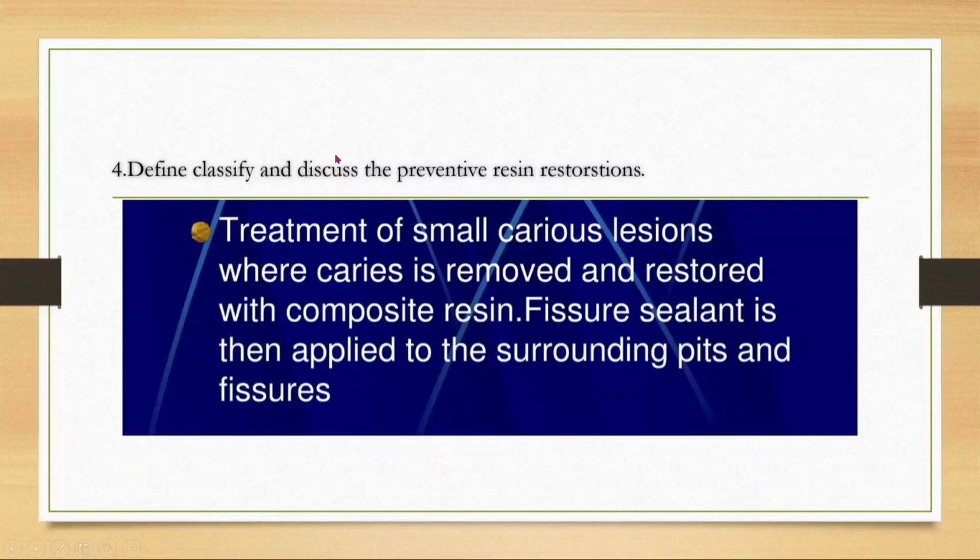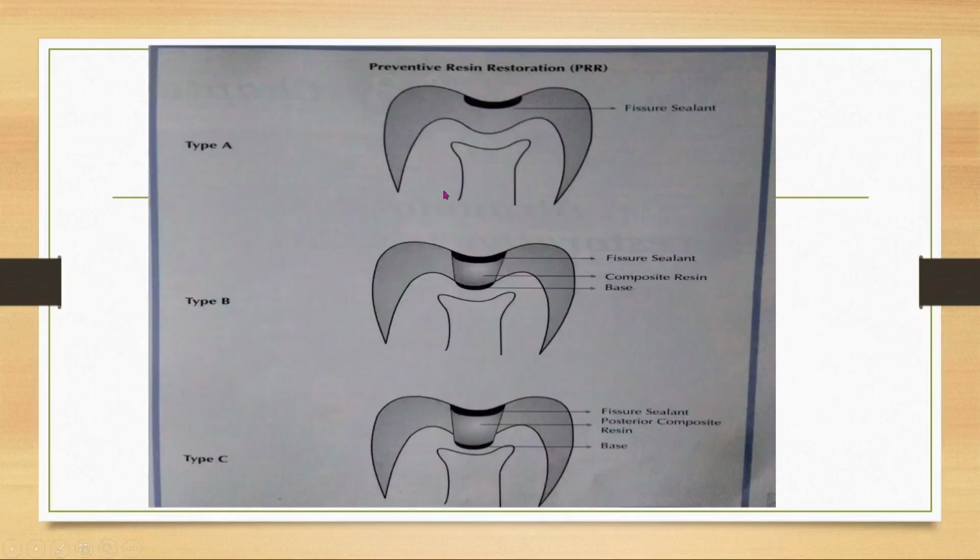Now let's learn about the preventive resin restoration. It is a restoration done by resin, on a preventive mode. We have three types of cavities here: type A, type B and type C, depending upon the depth. Type A is very minimal, type B a little more deep, and type C more deep. In type A we just apply on the enamel, whereas type B involves dentine.